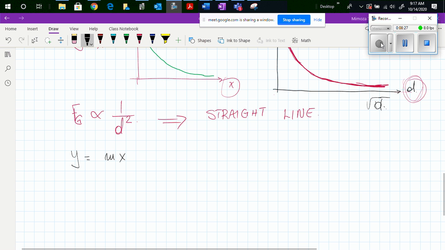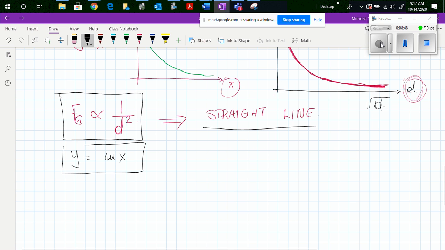Okay, when we are trying to straighten a graph to make it a straight line, what we are doing is we have our equation. In this case it is a relationship, not just an equation. We are mirroring it with y equal mx.